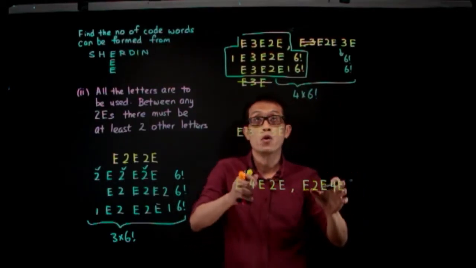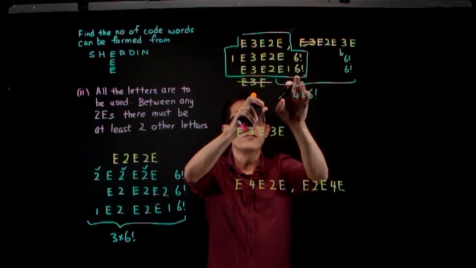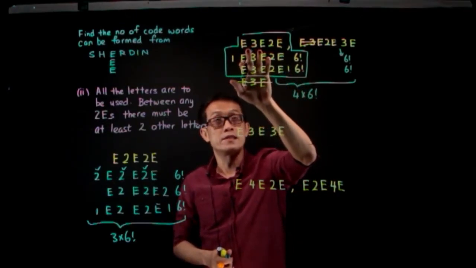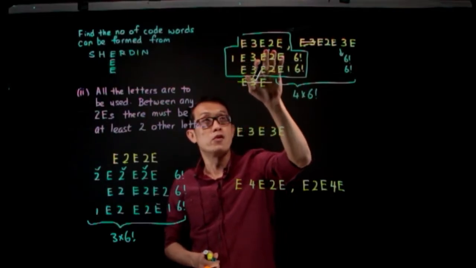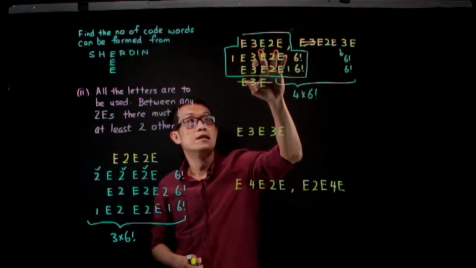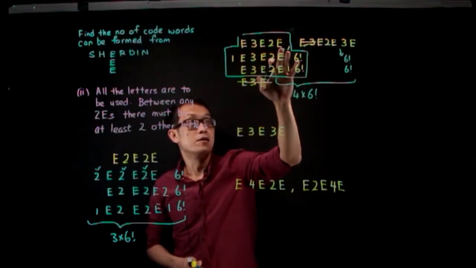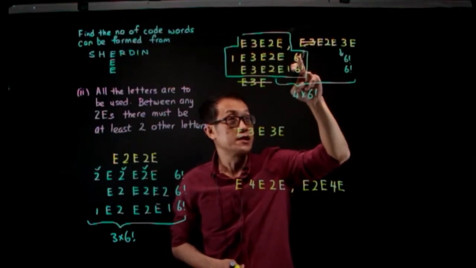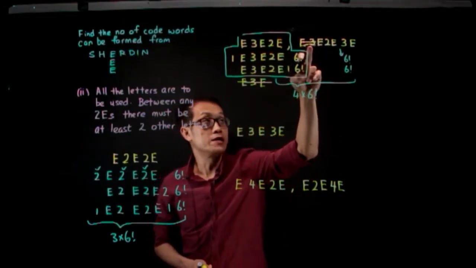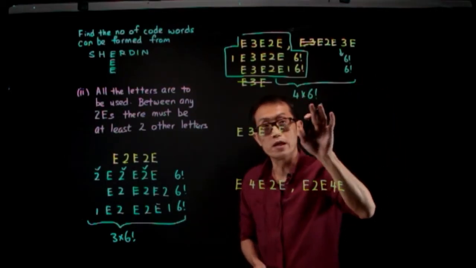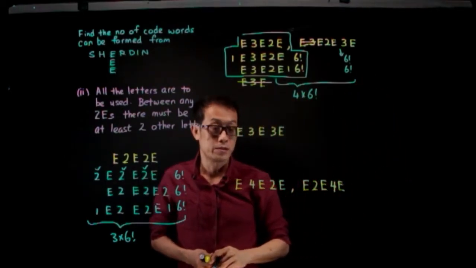So the number of code words, if you have three alphabets separating the first 2 E's and followed by 2 alphabets separating the other E, will be 6 factorial, 6 factorial, and then 6 factorial plus 6 factorial. And then this option, you have another 6 factorial plus 6 factorial. So in total, you have 4 times 6 factorial.